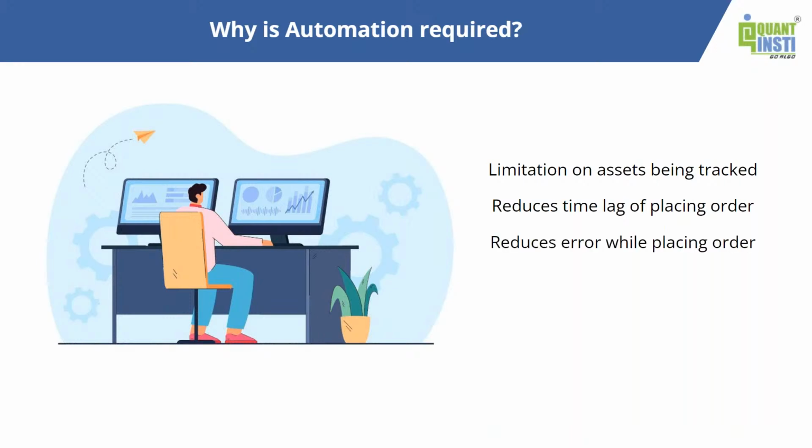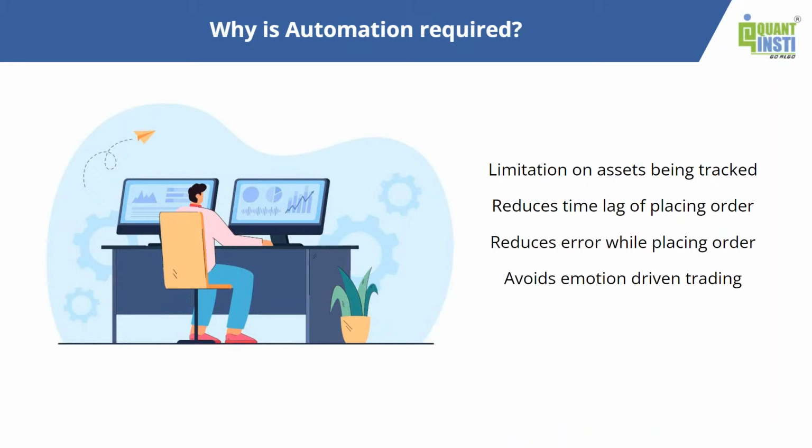Further, it reduces errors and it avoids emotion-driven trading. Now, when it comes to errors, it is mostly like how when you're placing an order, you will double check whether the asset is correct, whether the type of order you're placing is correct, and if it is a limit order, whether the price is correct or not.